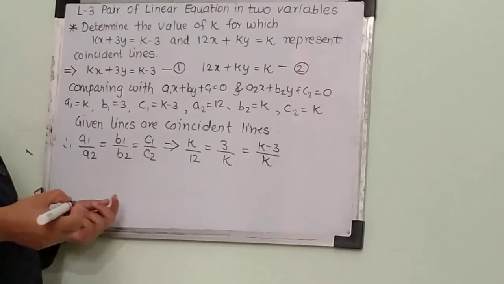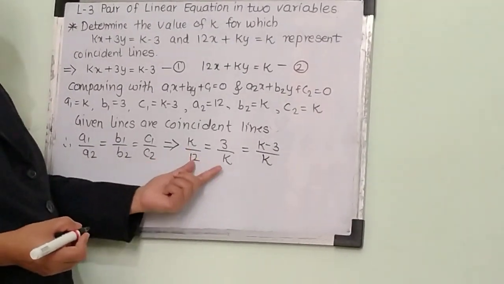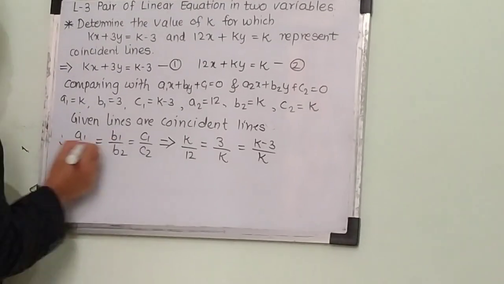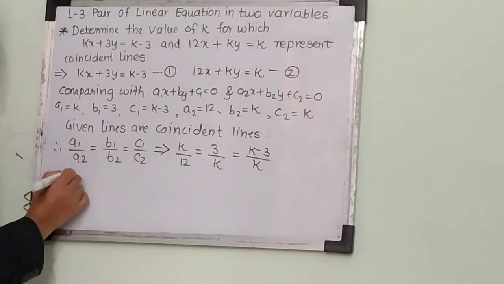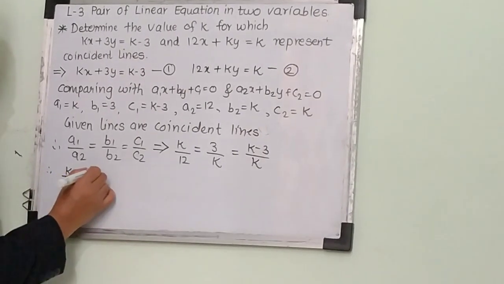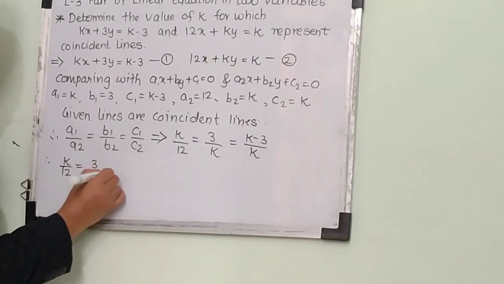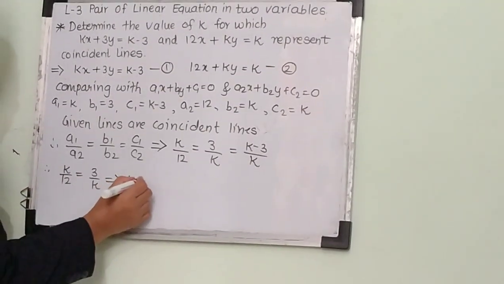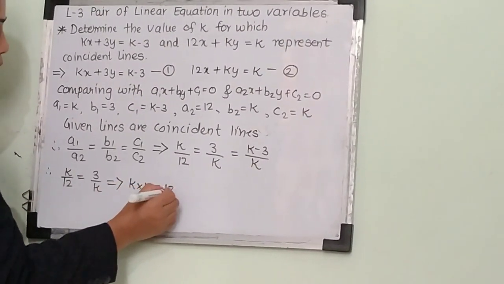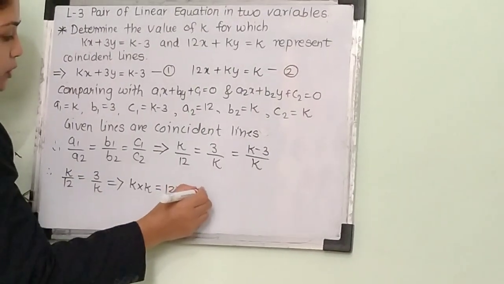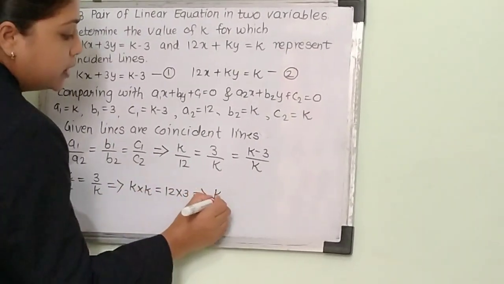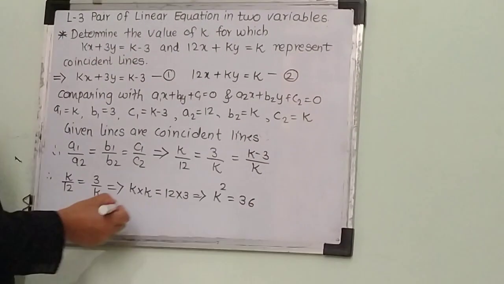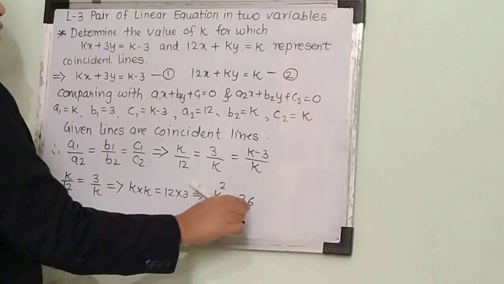Now for finding the value of k, we can compare any two equal ratios. So here we can say that k upon 12 equals to 3 upon k. After cross multiplication, we get here k into k equals to 12 into 3. So k into k will be k square, and 12 threes are 36. So k square equals to 36.